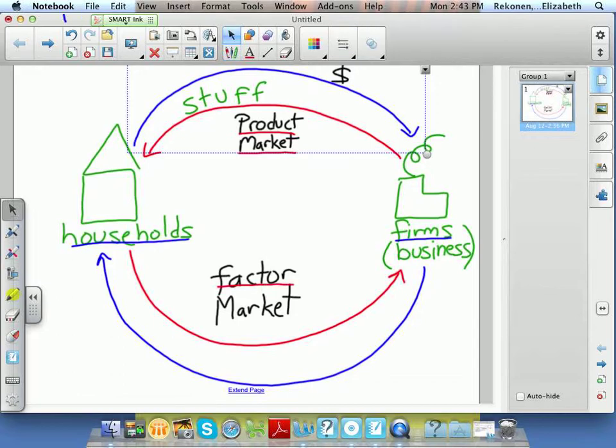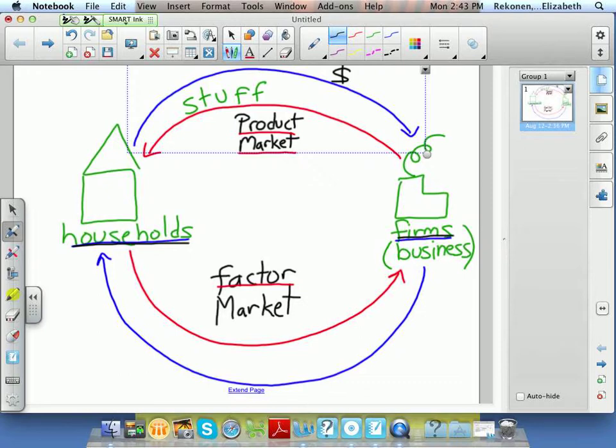Factors of production, as a review, are land, labor, capital, and entrepreneurship. The easiest factor of production to think about in the factor market is labor. So households provide labor to the businesses.